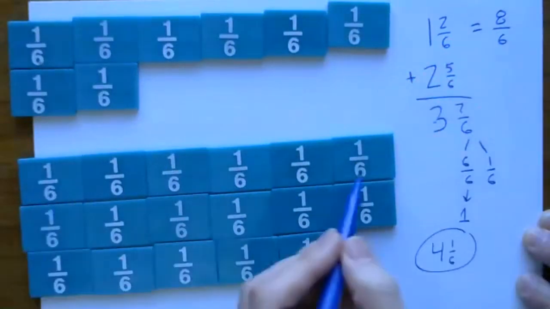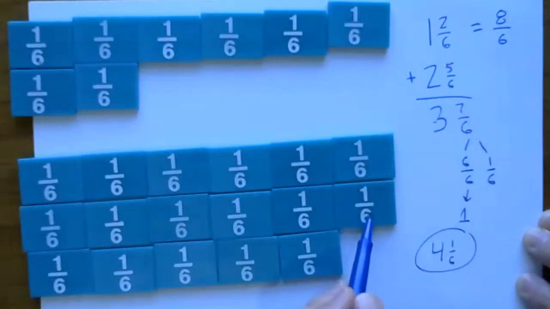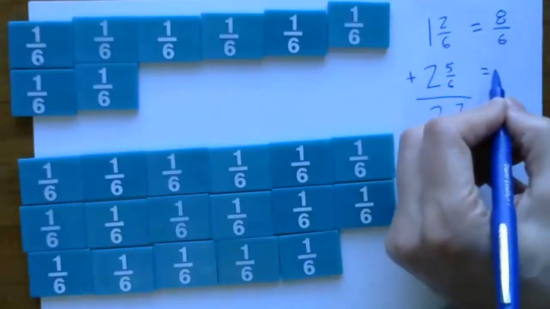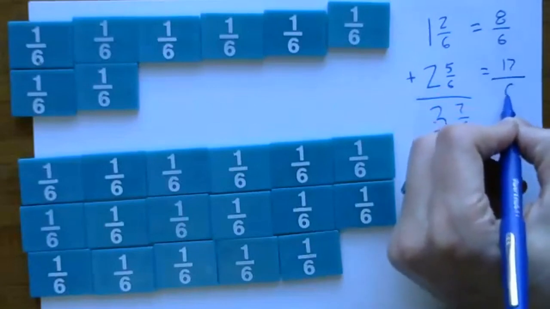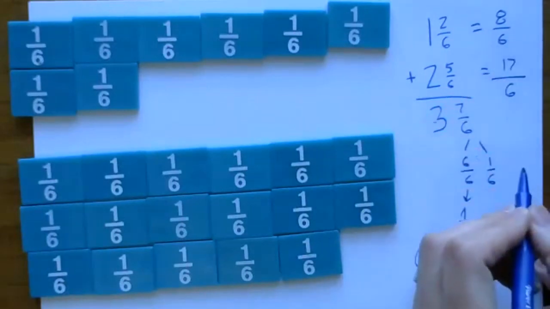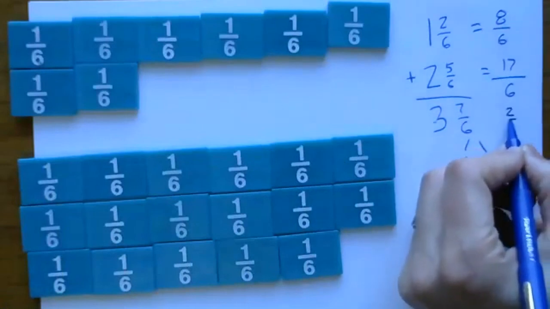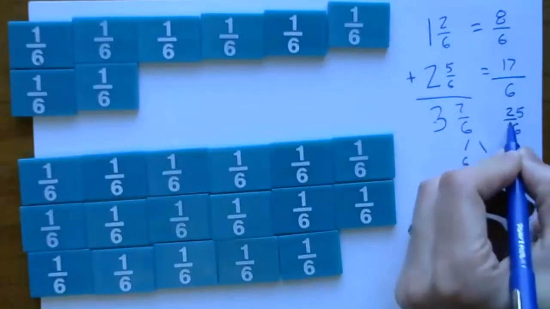And this is 6/6 plus another 6/6, that's 12/6 plus 5/6 would be 17/6. And then 8 plus 17 would be 25. So we have 25/6 all together.